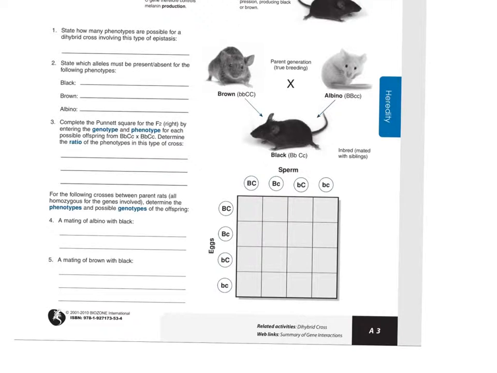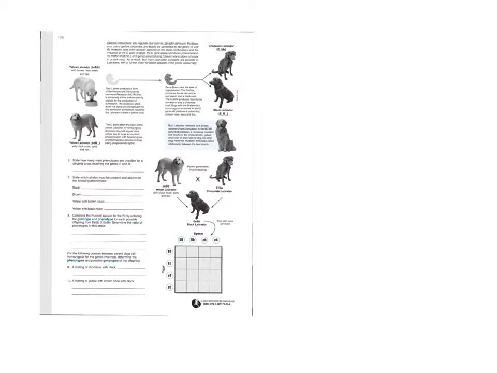Epistasis, remember, you're talking about one gene impacting the other gene. Is that clear? In incomplete dominance, you have one gene. The three different genotypes give you three different phenotypes. Slightly different, okay? All right, so that helped? Understood? So it should be okay. I think you can do it.